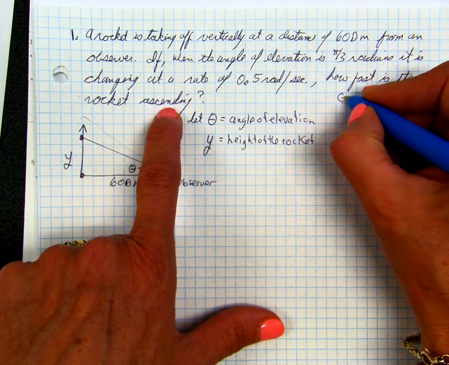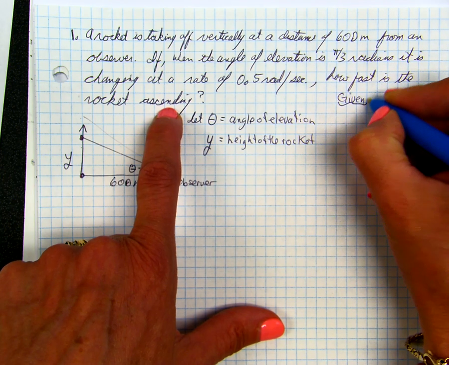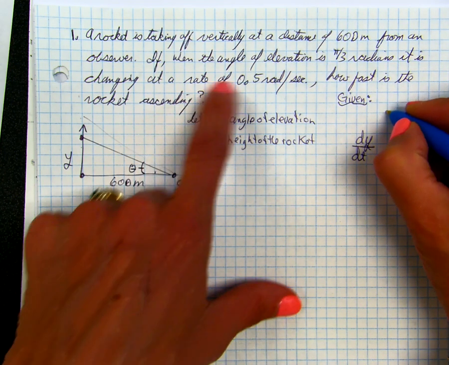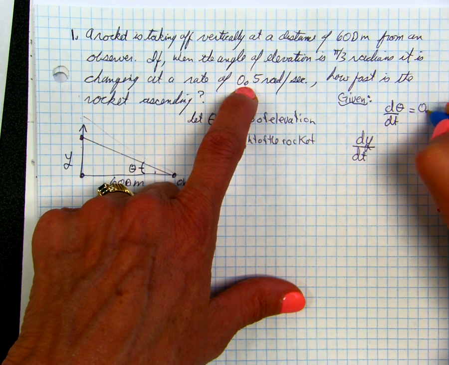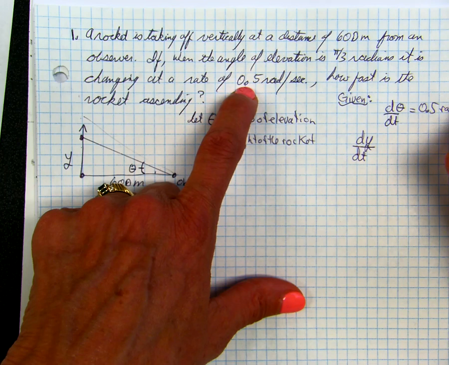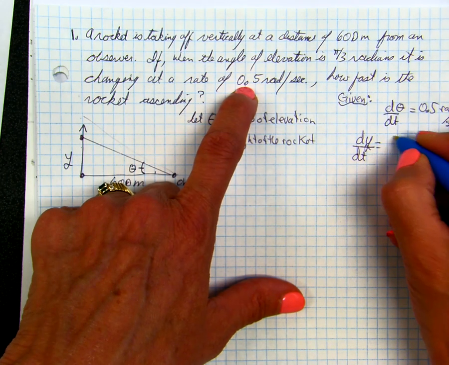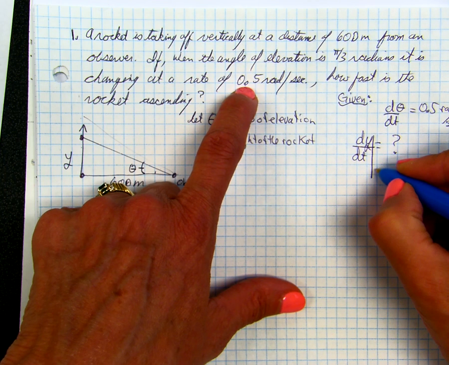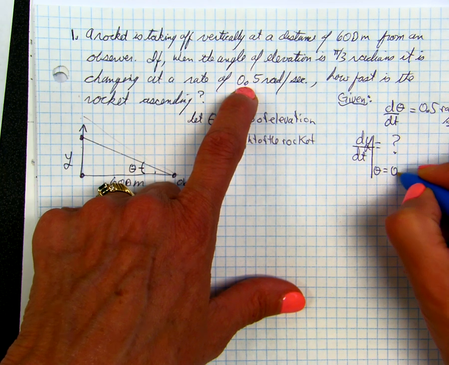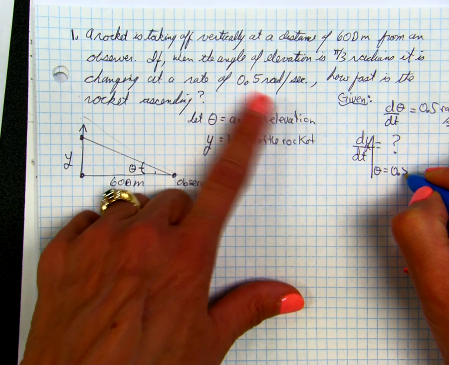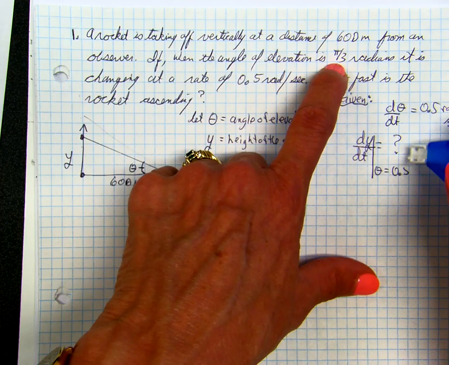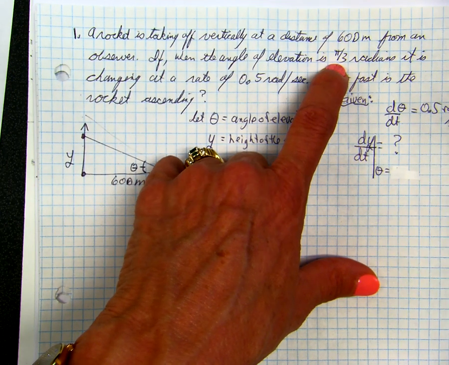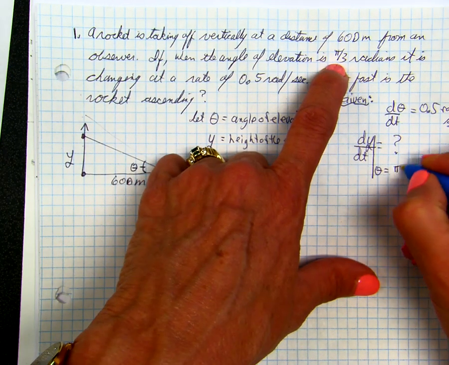And what is it that we're given? So here is what we're given. We are given that the change in theta with respect to time, d theta by dt, is equal to 0.5 radians per second. We're asked to find dy by dt when theta is equal to, no, when theta is equal to pi by 3. Sorry, mixing up a rate with an actual measurement. Who does that?